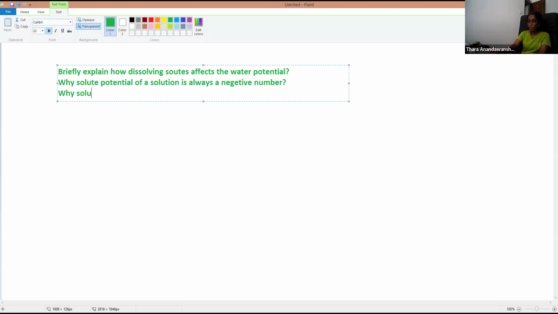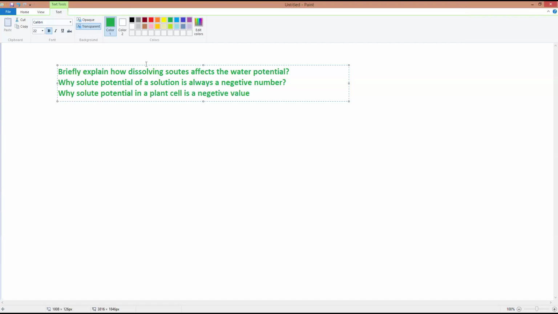Why is the solute potential in a plant cell, in a living cell, plant cell, a negative? Write the answers.